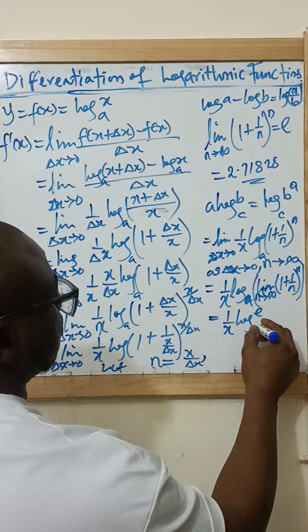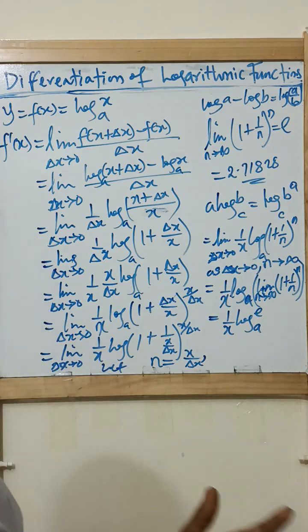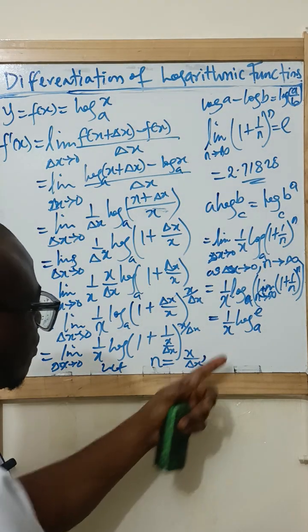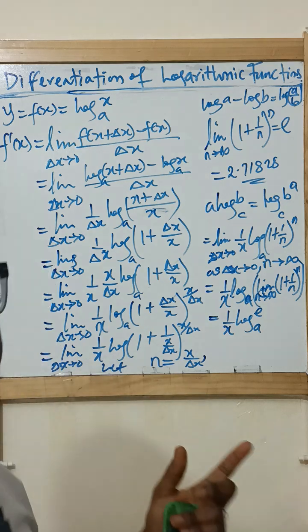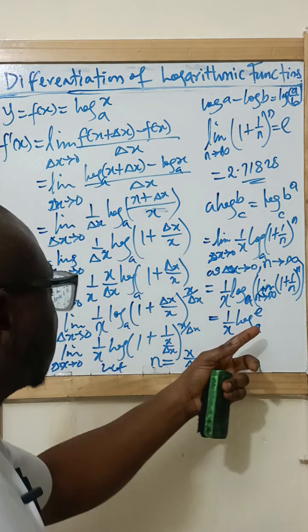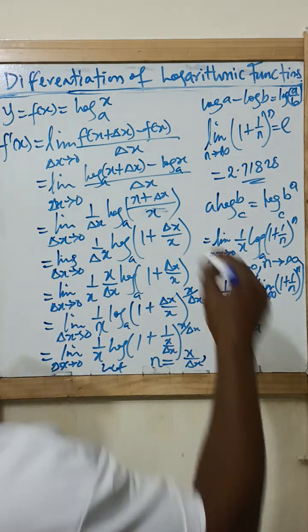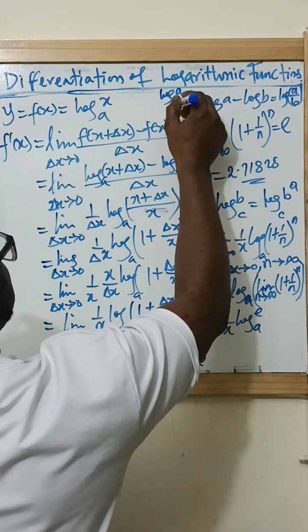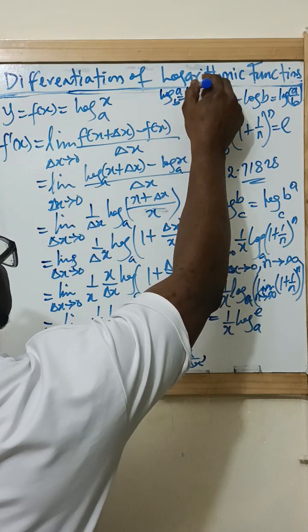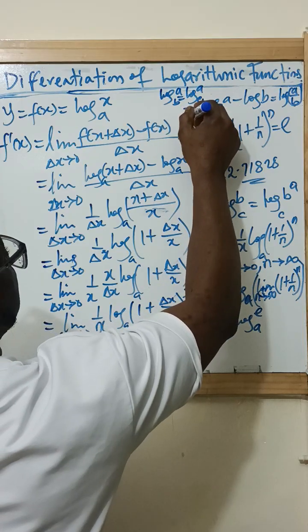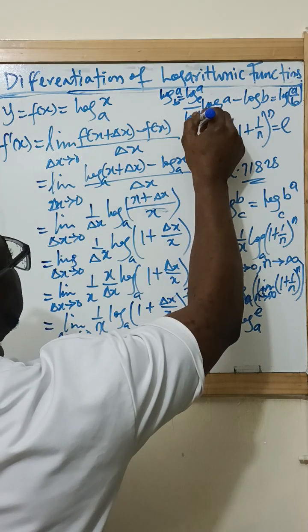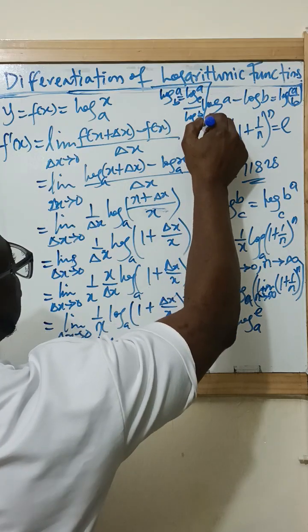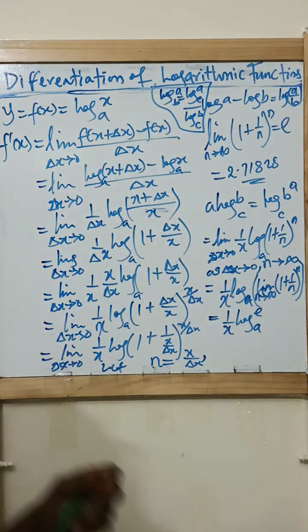But this can still be simplified further, in the sense that we can apply this law of logarithm that says log a to base b can be rewritten as log a to base c all over log b to base c. That is, we can introduce a new base to the two subjects, the one at the top and the denominator. So we can do the same thing.